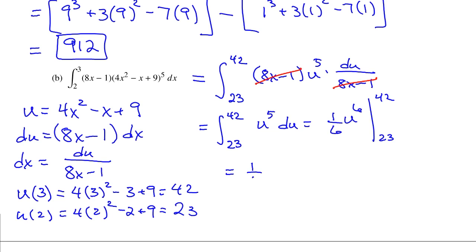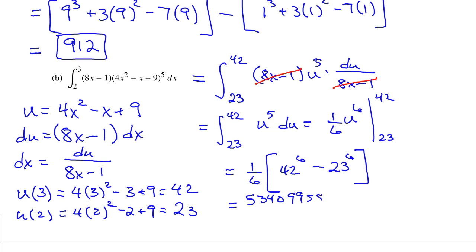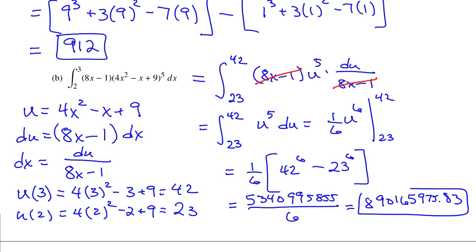So it's 1/6 times 42 to the 6th minus 23 to the 6th, which turns out to be 534099585 over 6, or approximately 890165975.83. Either one of those answers would be fine.